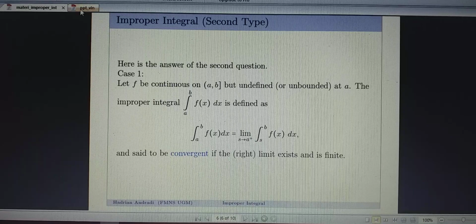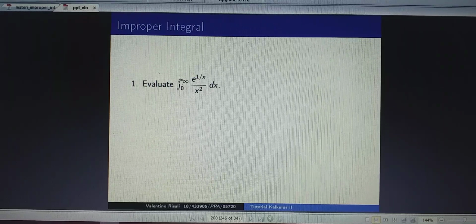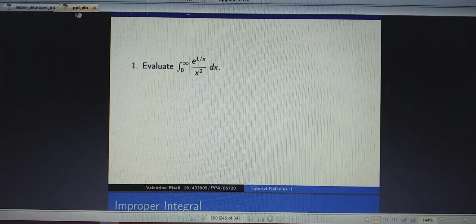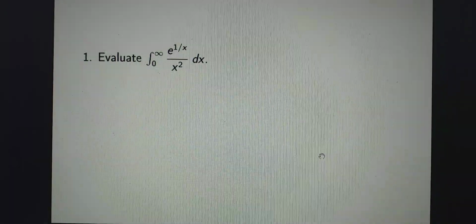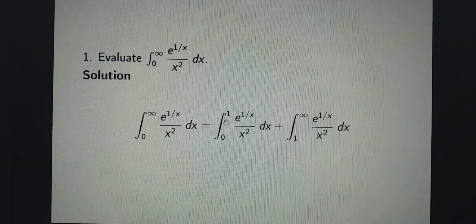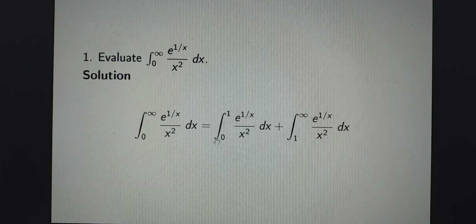But in our problem, b is infinity. So we must break it down into two parts. We choose 1 for the bridge, and we break this down into these two parts of the integral.